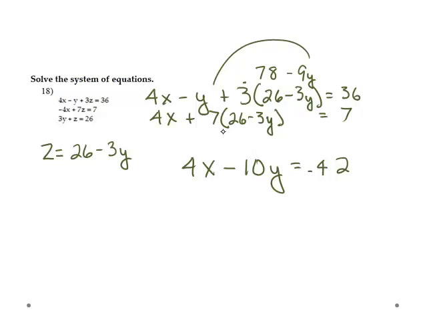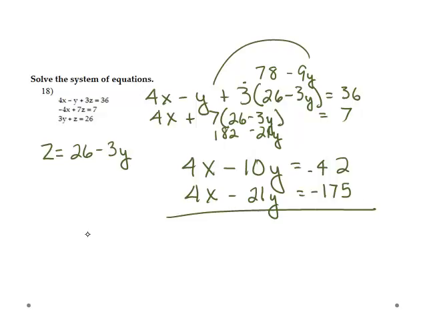This is 175 and 7, 182. 182 minus 21y. So we have 4x minus 21y, and subtracting 182 from 7, we get negative 175.